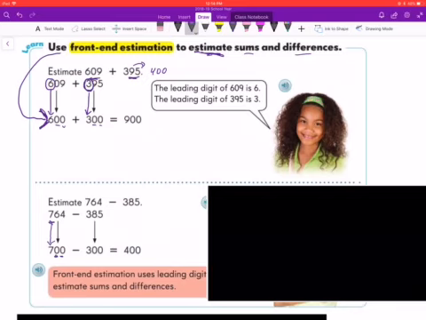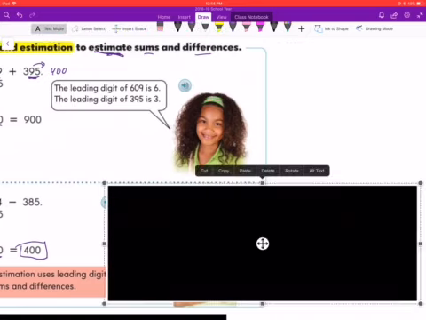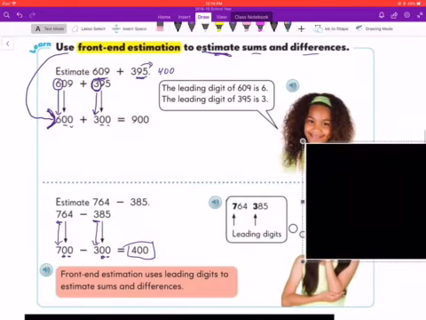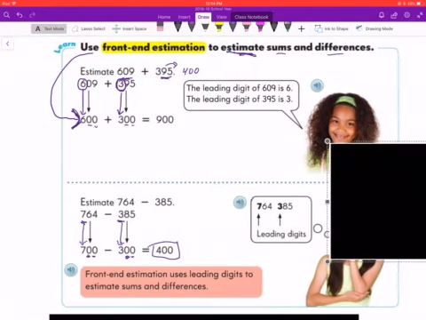And for 385, I take that leading number, make it the front, and the rest becomes zeros. Now I've got a really nice, easy estimation problem of subtracting. 700 take away 300 gives me the front-end estimation of 400. So front-end estimation uses leading digits to estimate sums and differences.